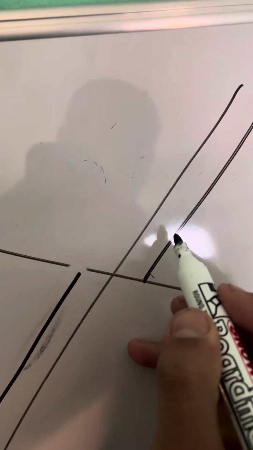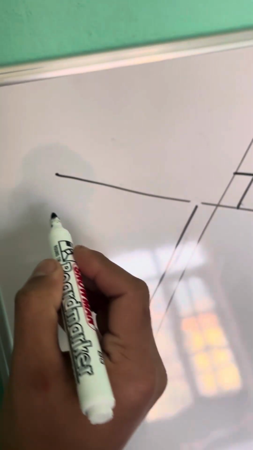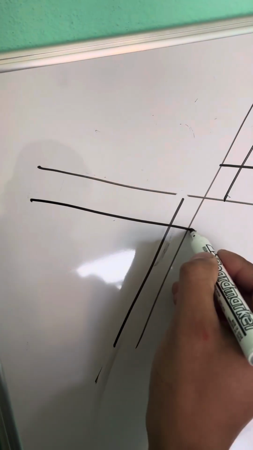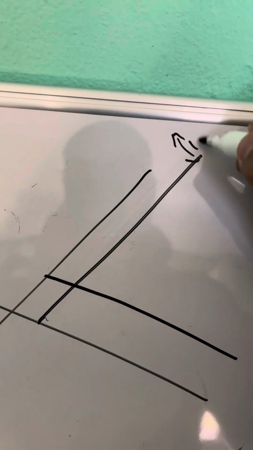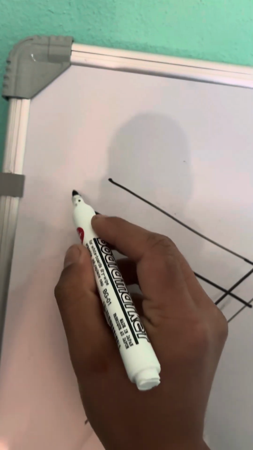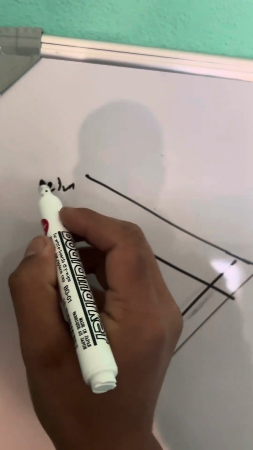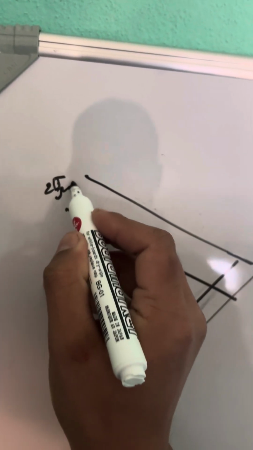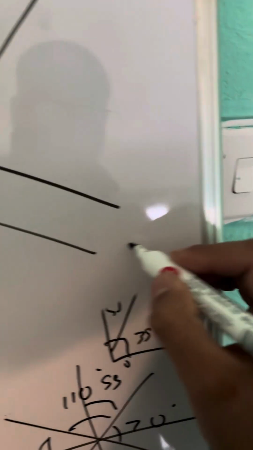And now we take 25 millimeters, 25 millimeters. So this is going to be 15 millimeters, 15 millimeters, 25 millimeters, and 25 millimeters.